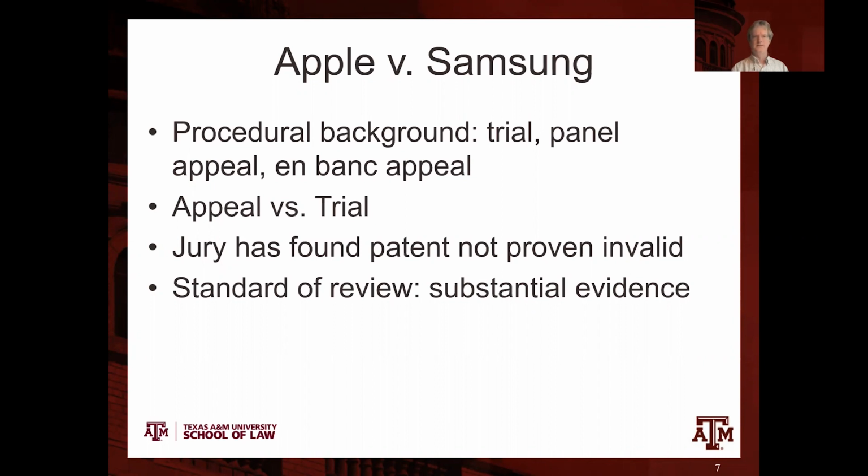And that's what they did here in this case. So the panel said it was obvious. The jury had said not obvious. The panel said obvious. And here we have an en banc appeal. So we're getting all the active judges deciding by majority vote whether it's going to affirm the trial court, the jury's verdict, or reverse it.